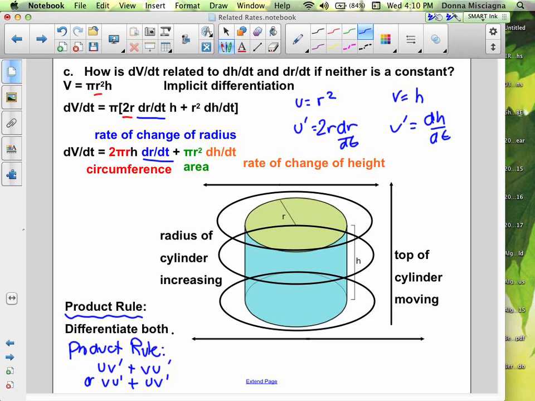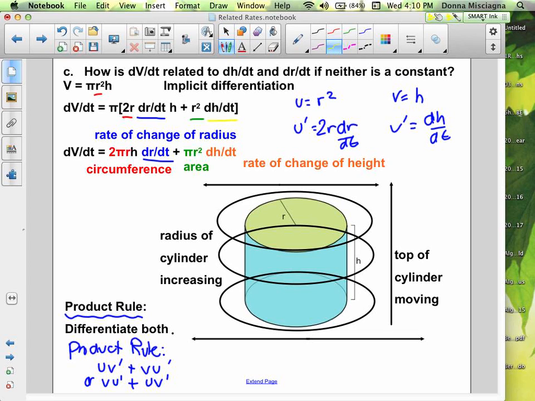So I took the derivative of the first, which means I'm going to multiply it by the second. That one's not going to change. So I've got 2r dr/dt, and then times h. Now I've got to have the derivative of the second times the first one, so the r squared, and then times the derivative of h.